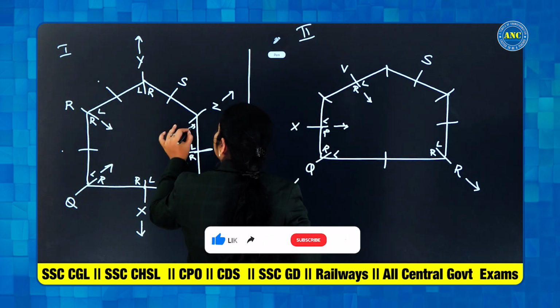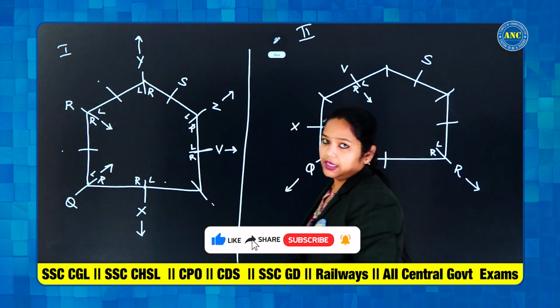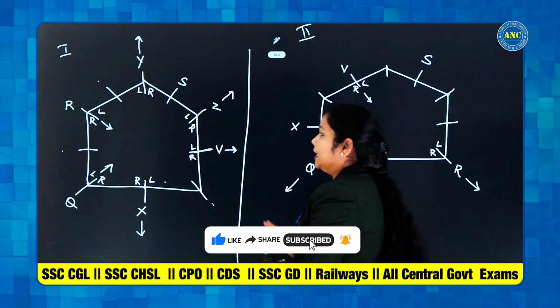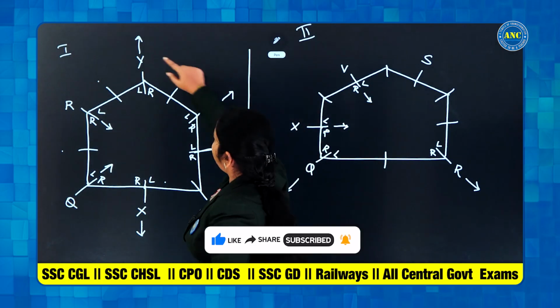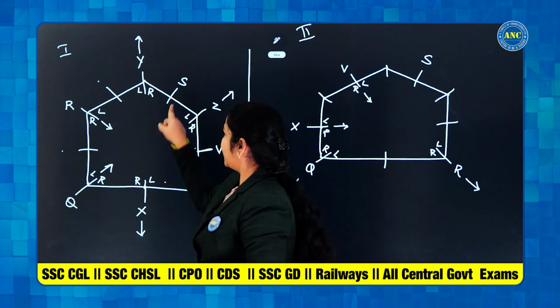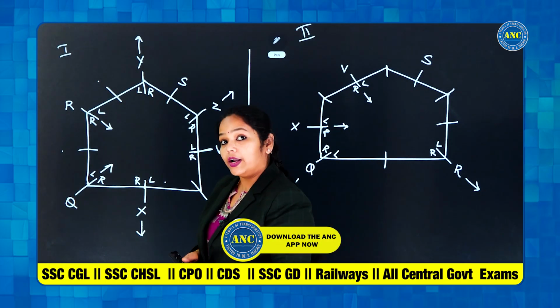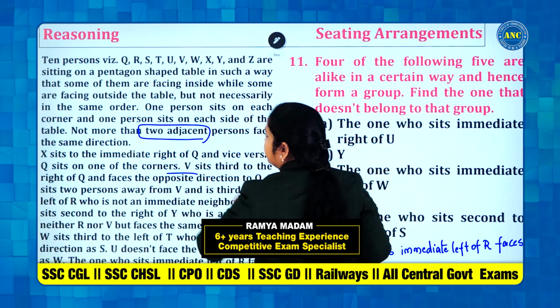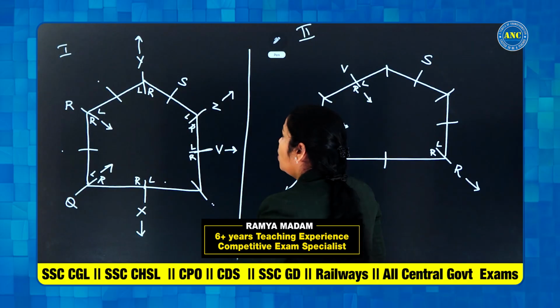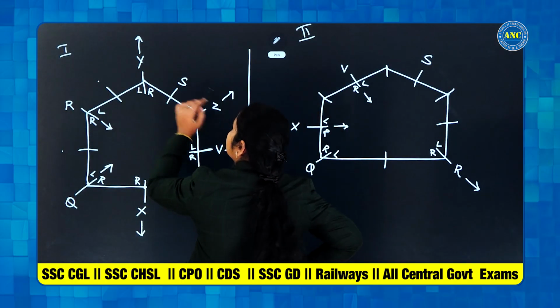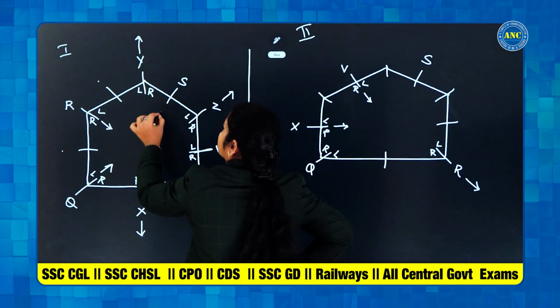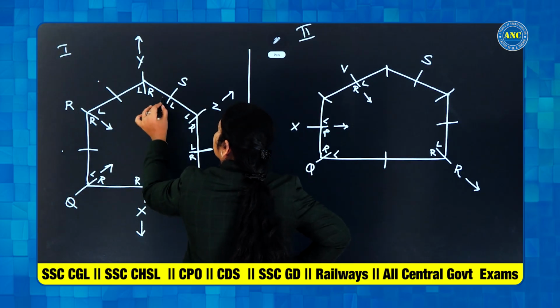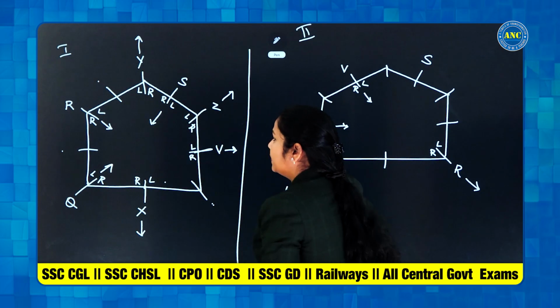Clear? Point here is, when these two people are facing away from the center, which direction S will face? They already mentioned that not more than 2 adjacent persons face same direction. So, obviously, I cannot take this person as away from the center. So, I have to take S inwards the center. Yes, we got the position of S.